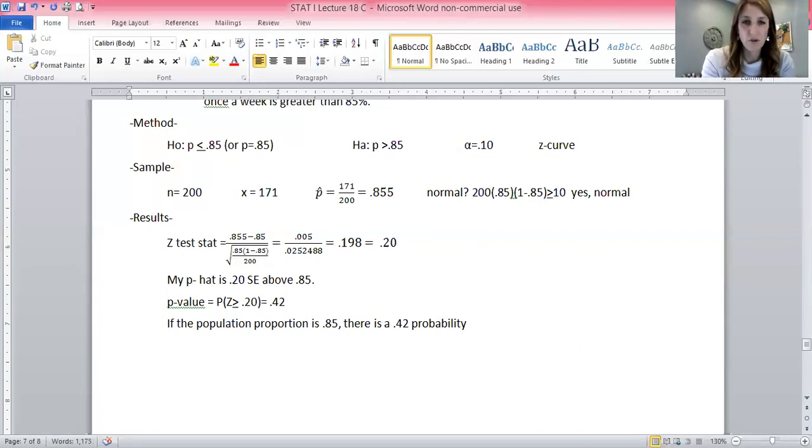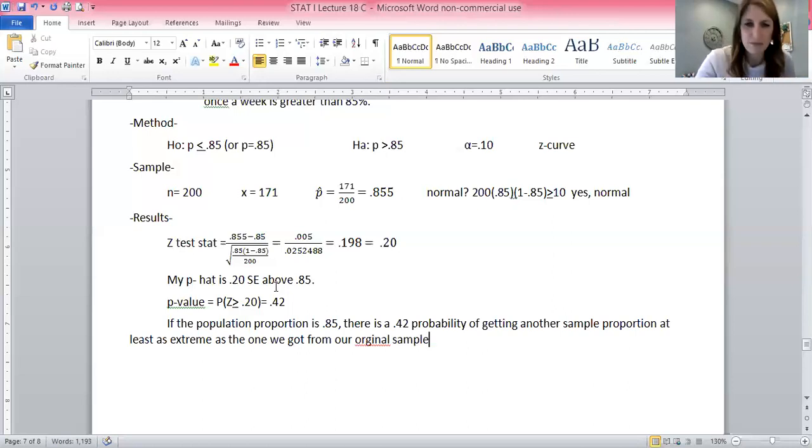So then there is a 42% chance, or a 0.42 probability of getting another statistic or another sample proportion at least as extreme as the one we got from our original sample.